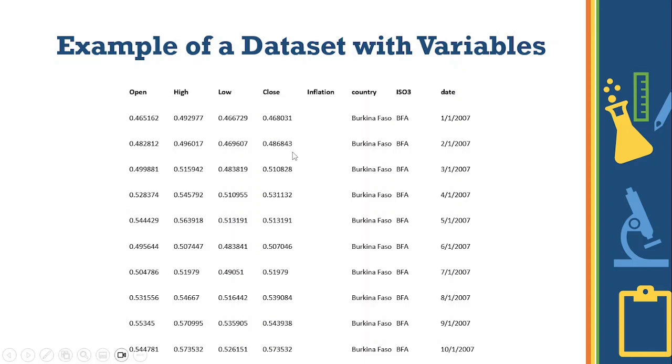So in this case, low, close, or high, each of these are variables that represent an attribute of an object or information or country. While these are numerical or quantitative data, country is nominal data.